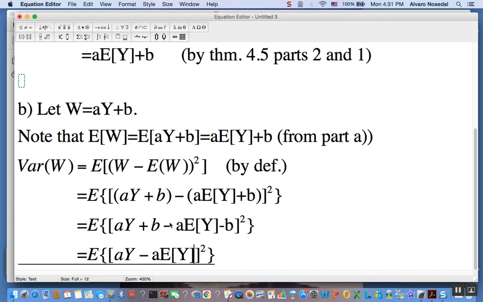These a's are the same, a and a. Let me change here to make it look clearer.